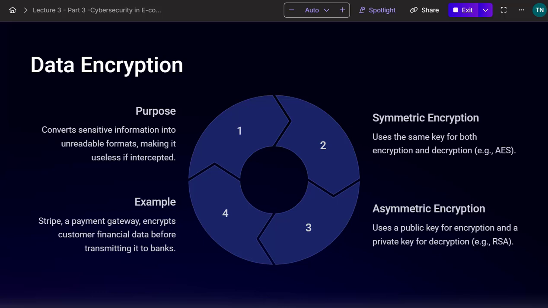Asymmetric encryption, also known as public key encryption, uses the public key for encryption and private key for decryption, such as RSA. An example of data encryption in action is Stripe, a payment gateway. This gateway encrypts the customer financial data before transmitting it to banks, protecting the information from potential interception.